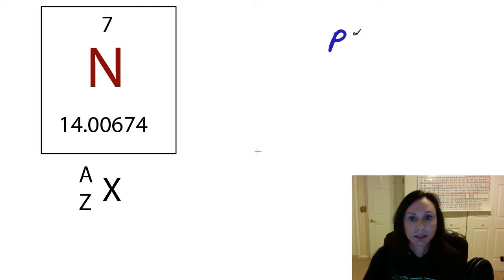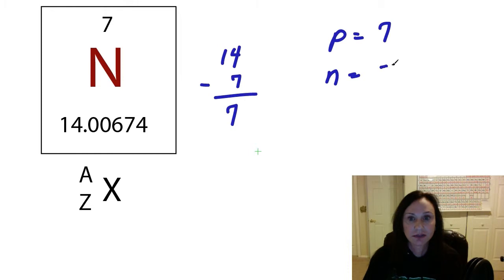The number of protons equals the atomic number, 7. The number of neutrons equals the mass number rounded, and it needs to be a whole number, minus the atomic number, and that gives us 7.